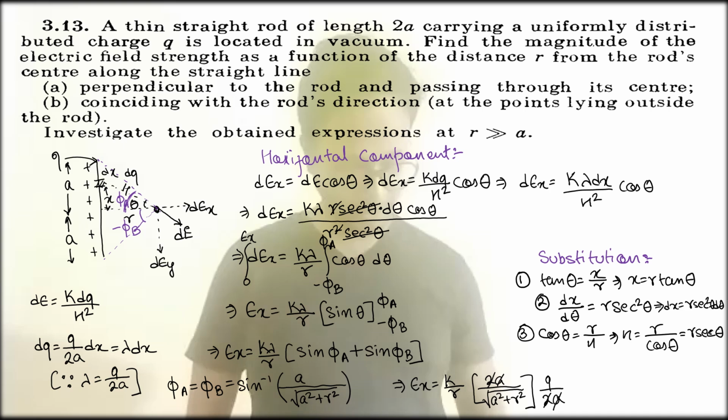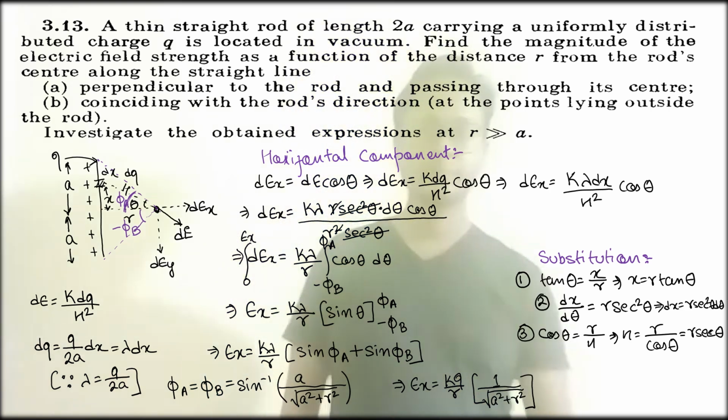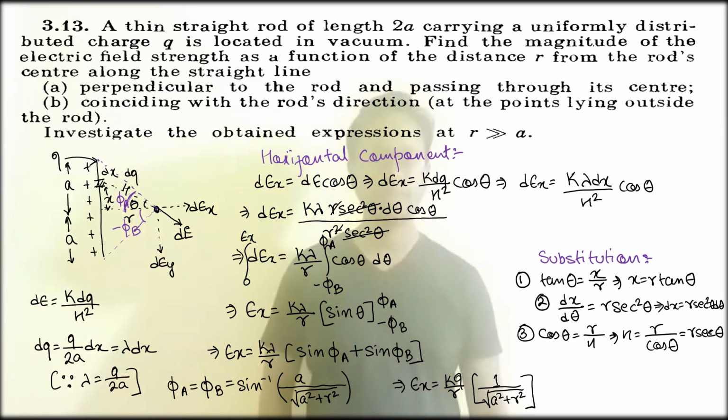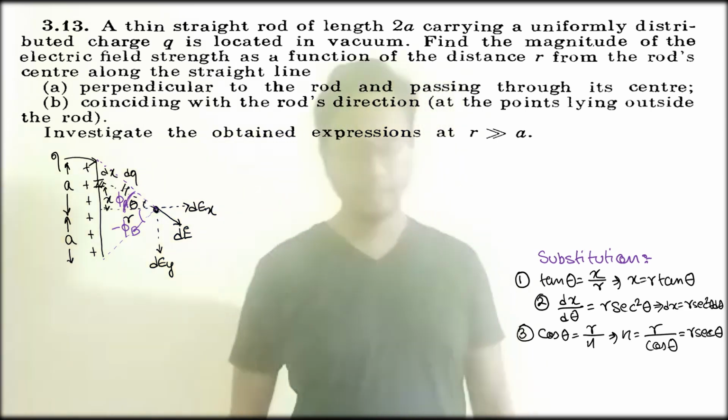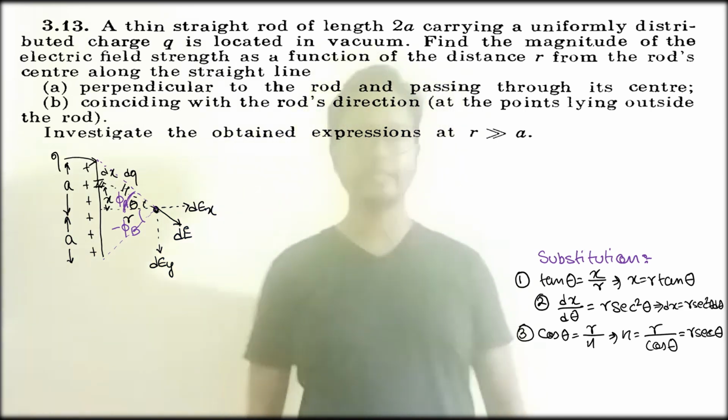So we are left with kq by r, then 1 by under root of a square plus r square. So this is the x component of electric field. We already found out the x component of electric field.